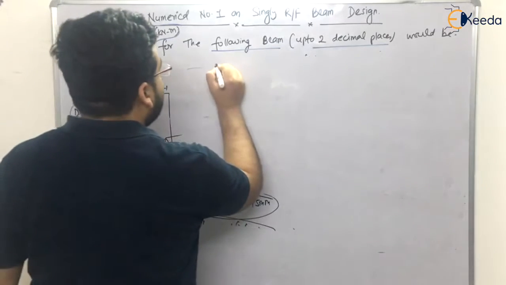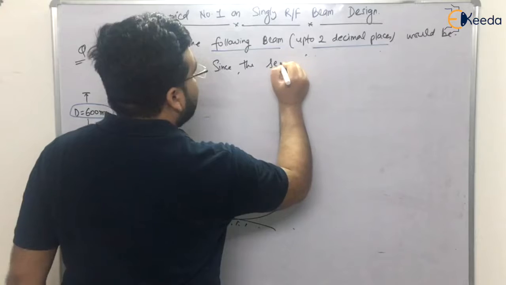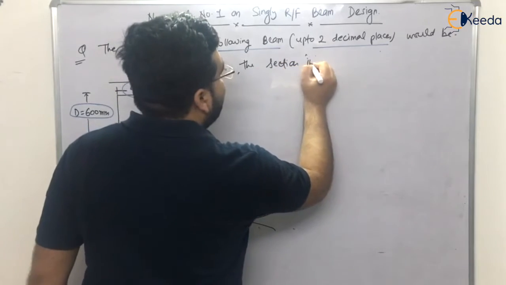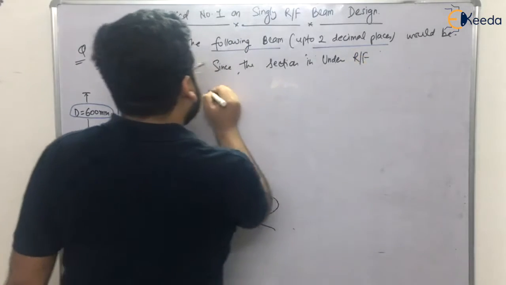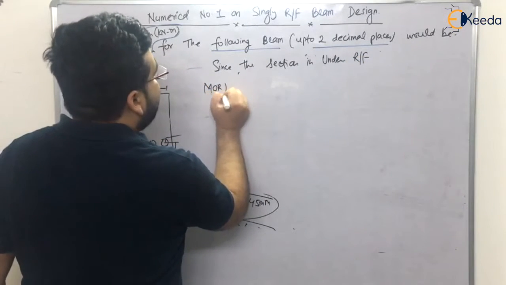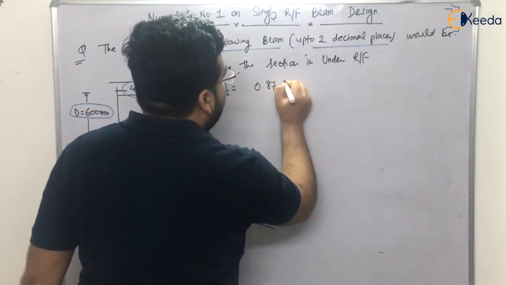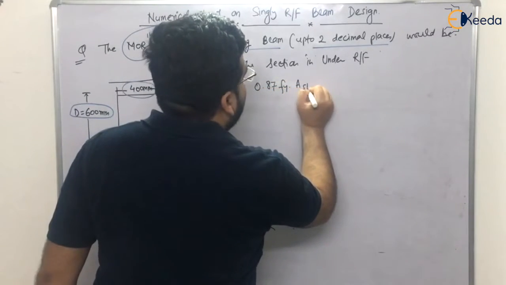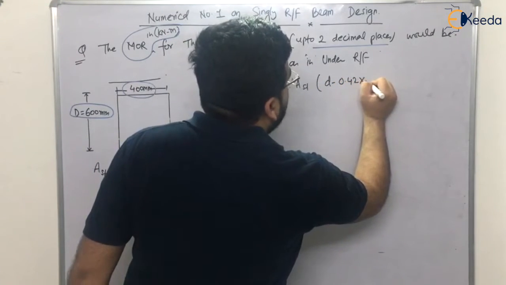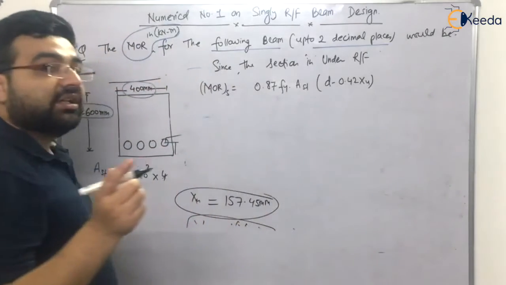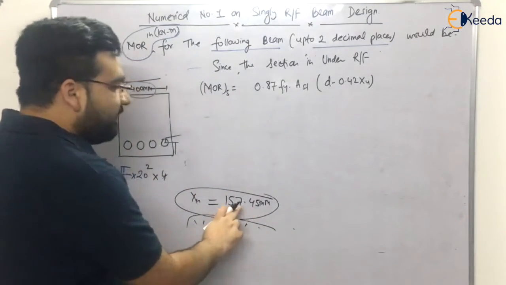Now since the section is under reinforced, the moment of resistance will be calculated for steel, which is equal to 0.87 Fy area of steel d minus 0.42 XU. Now this XU is the normal, not the critical or maximum, neutral axis, right? Which is 157.45.